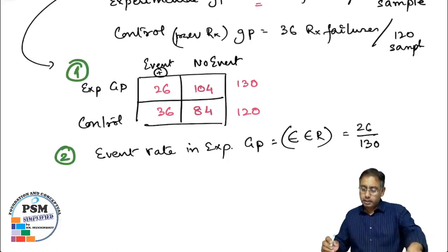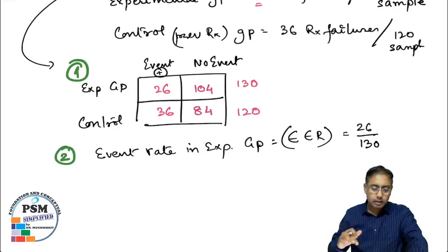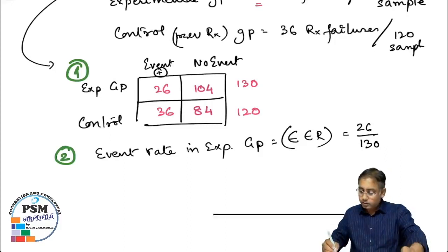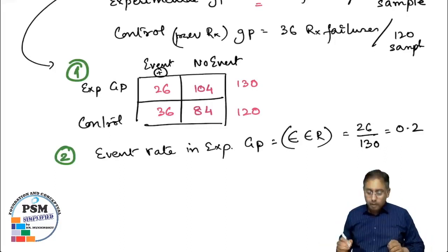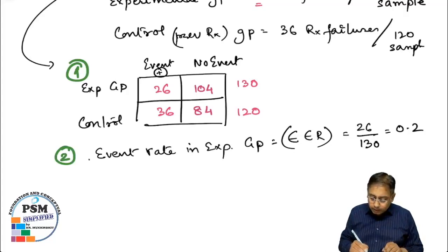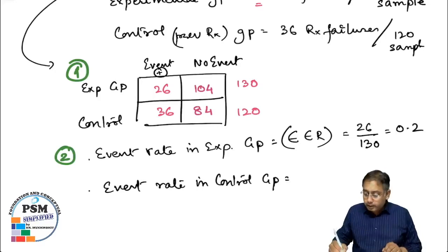Let me just take a calculator and find out how many deaths would happen in this group. So 26 divided by 130 comes out to be 0.2. Next I would like to calculate the event rate in the control group.